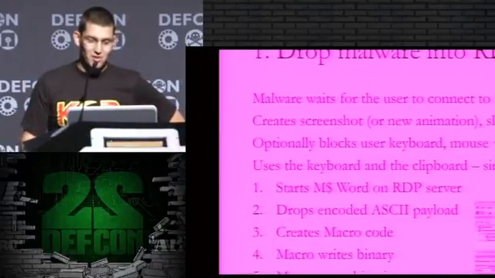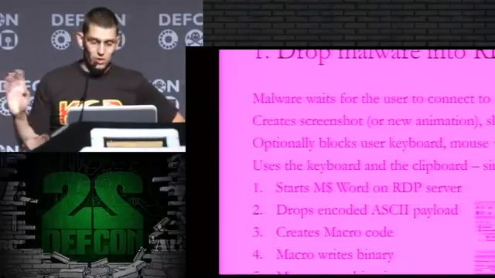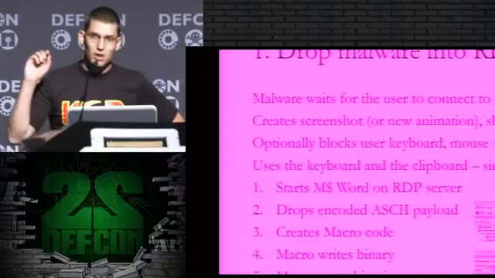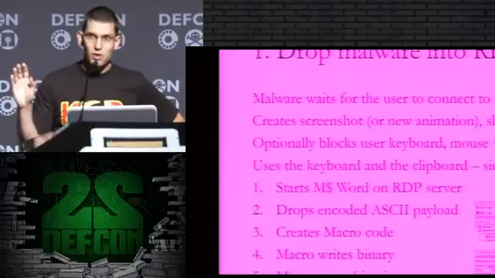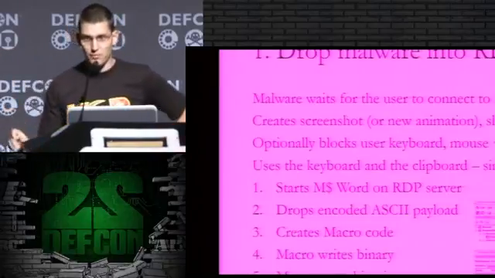What really happens in the background is that it starts typing things. And because the RDP client connection is the currently active window, everything which is typed is done on the RDP server.